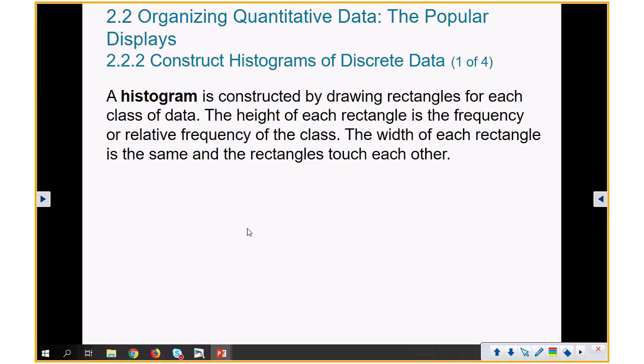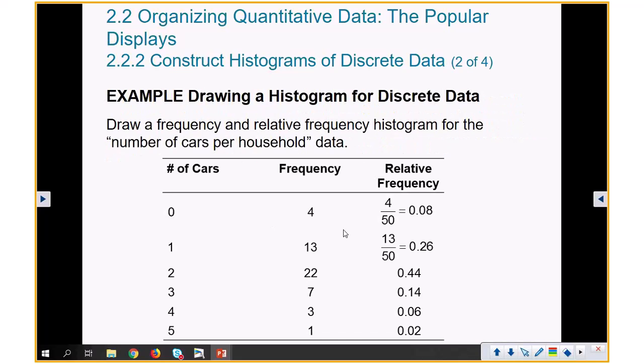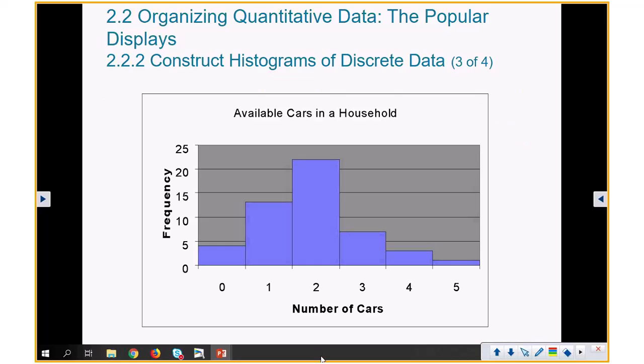Here we go with the histogram. And there is a histogram. Like I said before, there is no difference between a histogram and a bar chart mathematically. The y-axis is the same, the x-axis is the same. The only difference is that in a histogram, the purple boxes touch each other.